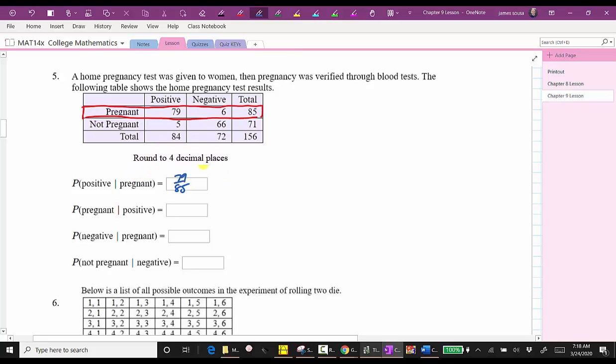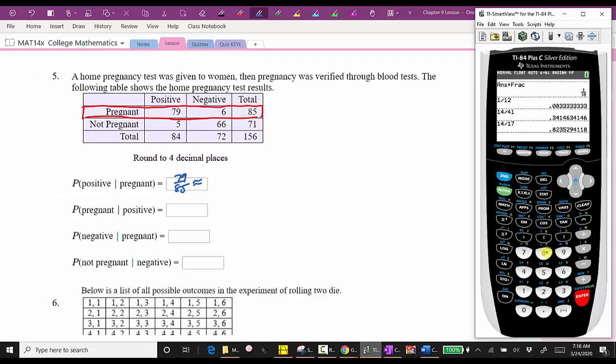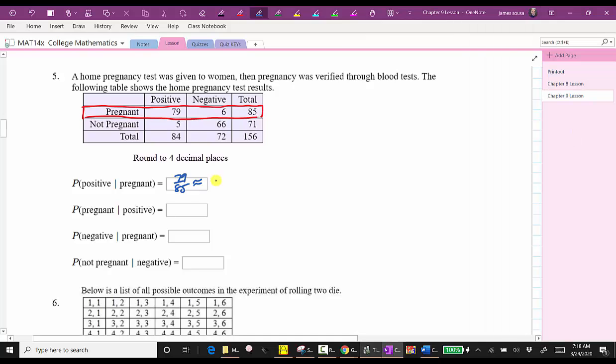So now we'll convert this to a decimal. 79 divided by 85 to 4 decimal places is 0.9294. Next, we want the probability of being pregnant given a positive test result. So we are given a positive test result, and therefore we're only concerned about this column. Notice how there are a total of 84 positive test results.